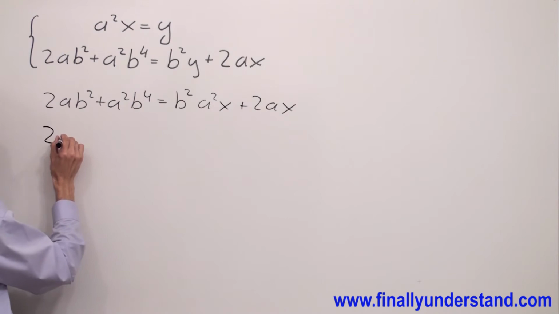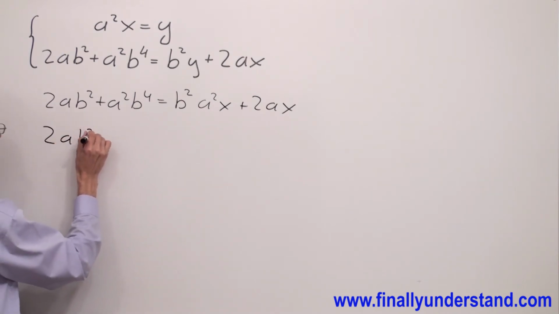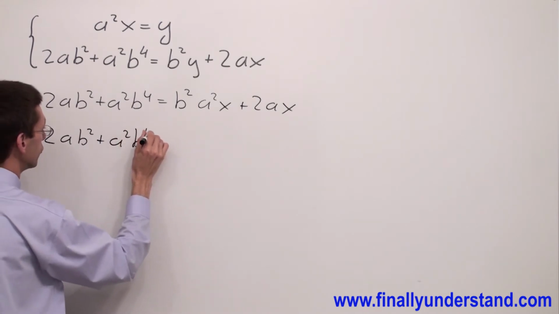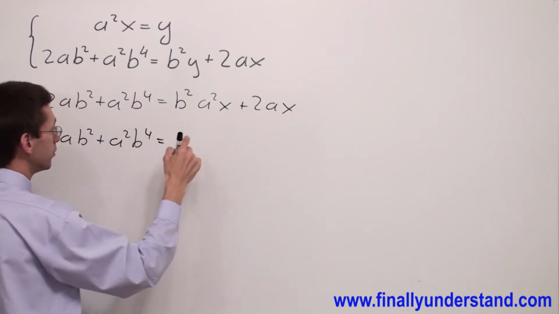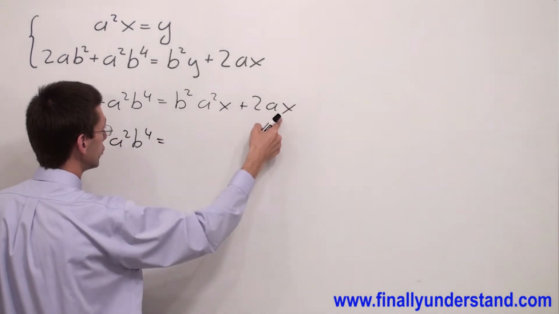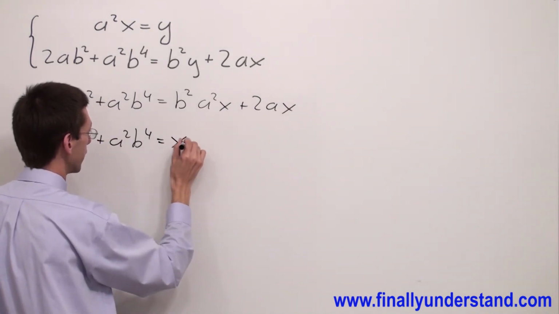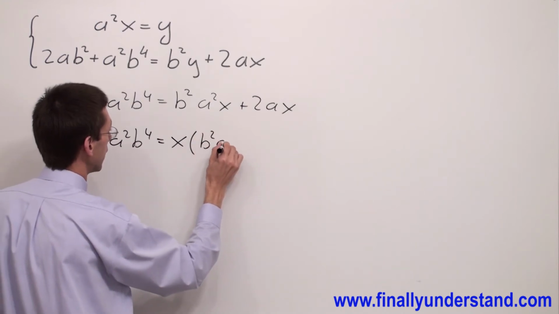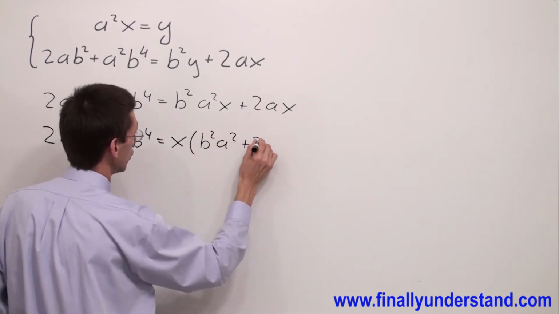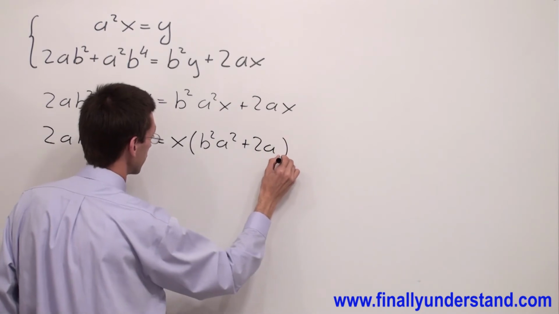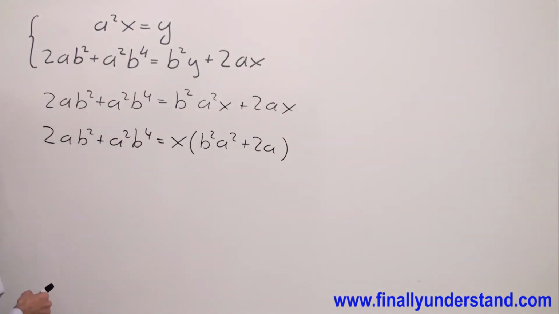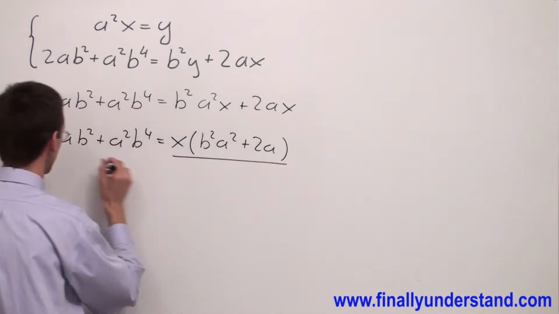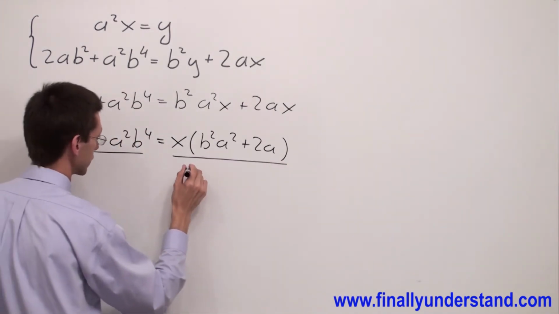I have 2ab squared plus a squared b to the fourth equals, and because I'm looking for x, I have to factorize x, and inside of the parentheses I'm going to have b squared a squared plus 2a. Okay? In order to find x, I have to divide both sides of the equation by whatever is multiplied to x.